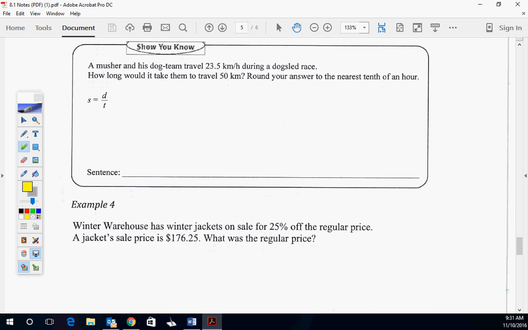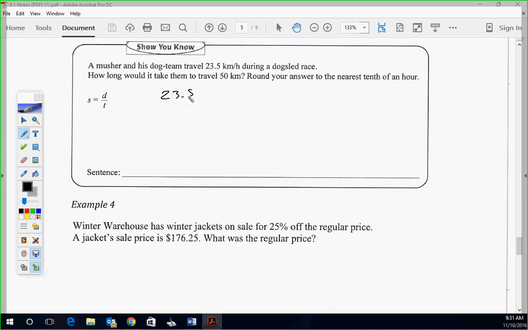Okay, so this one here, a musher and his dog traveled 23.5 kilometers an hour in a dog sled race. How long? So we're given the speed again. So it's 23.5 equals 50 over t. So again, essentially these are going to switch spots. Okay, so for Connor here, I'll do the 1 here. We'll flip it.